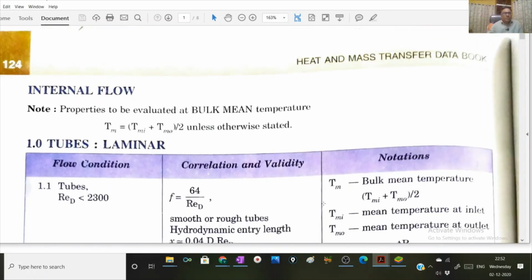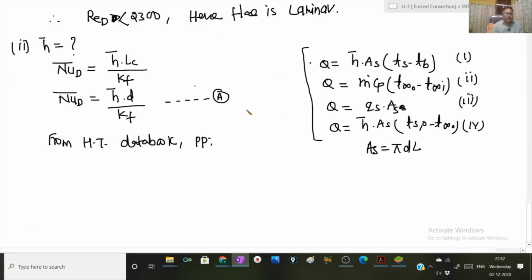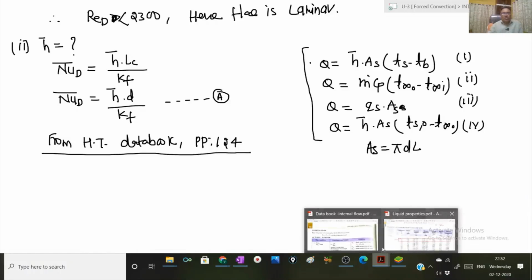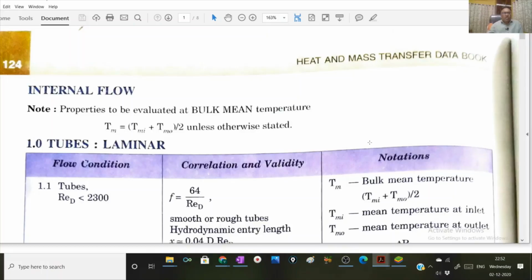This is page number 124. I am going to page number 124 initially for internal flow. Now I am supposed to find out the appropriate correlation for Nusselt number.